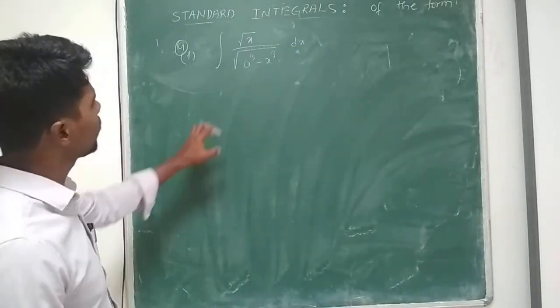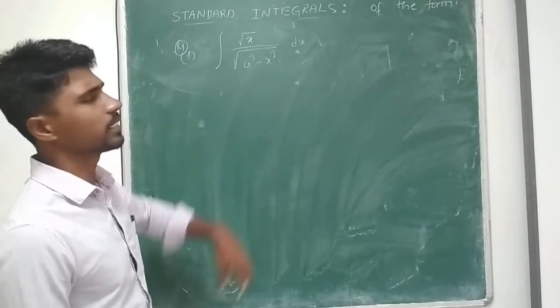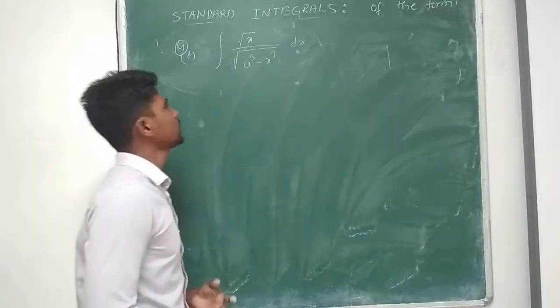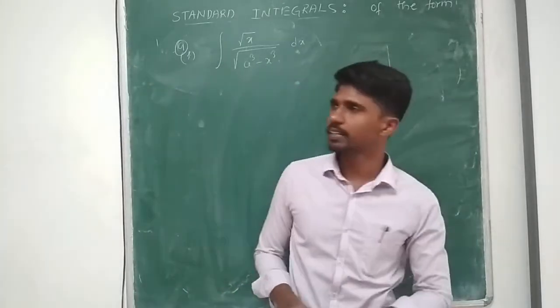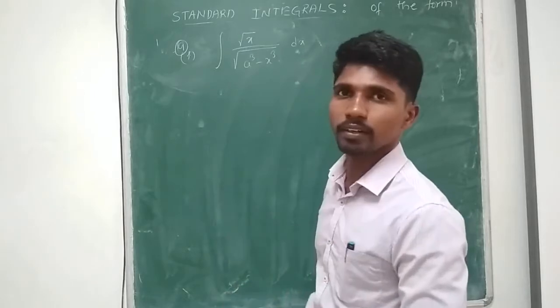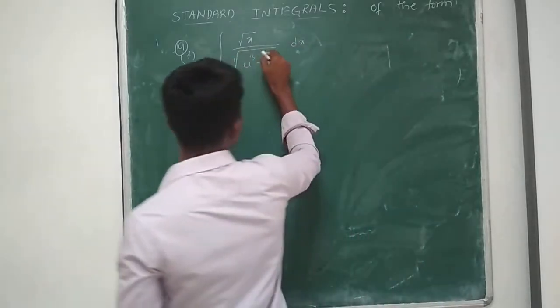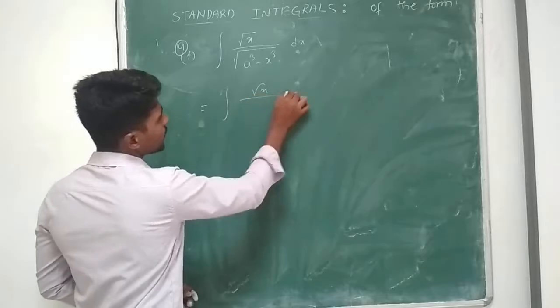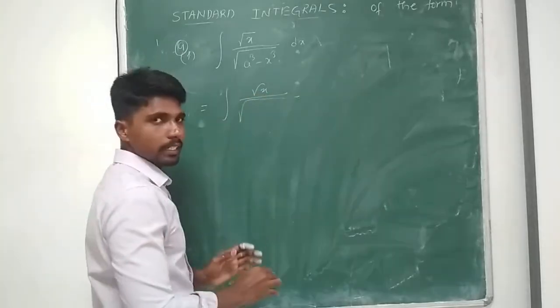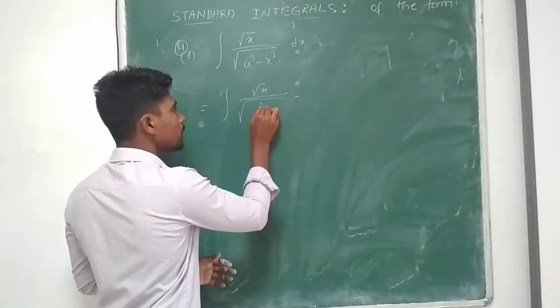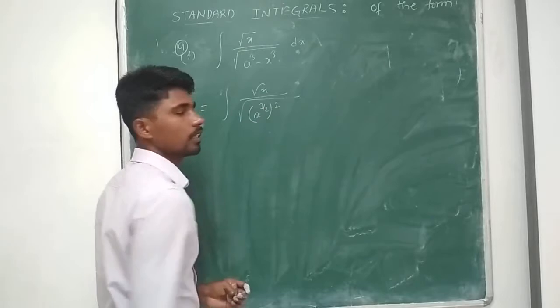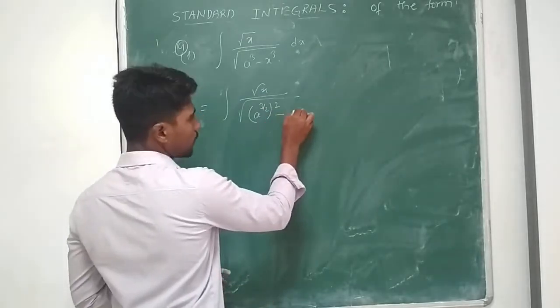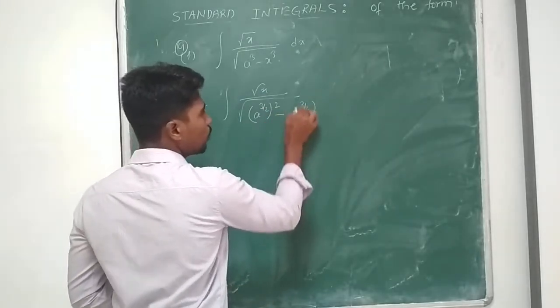See, here it is not in the particular form a square minus x square. How can I convert this one into the form a square minus x square? Just take root and square, meaning multiply and divide by 2 in the power. Then it becomes integral root x by root of a cube can be written as a power 3 by 2 whole square minus x can be written as x power 3 by 2 whole square.